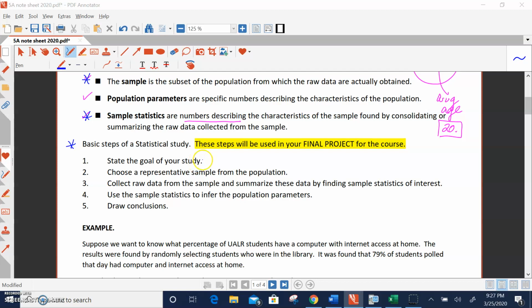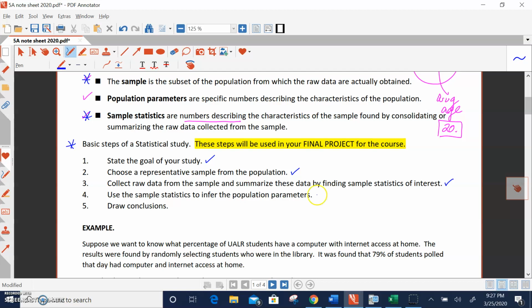So you'll have to state for me the goal of your study. You'll have to pick a representative sample from the population and survey that sample. You'll collect some raw data and summarize the data by finding some sample statistics of interest. Basically, what are you interested in finding about that sample from the population?